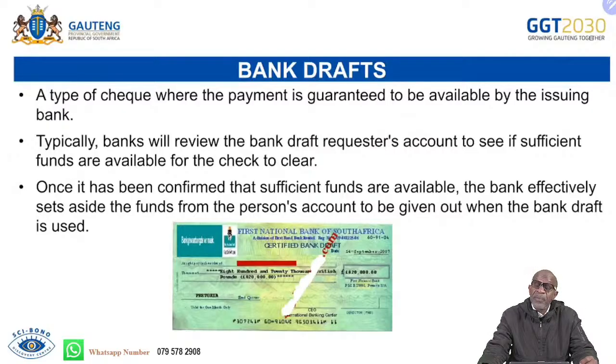Typically, banks will review the bank draft requester's account to see if there is sufficient money available for the check to clear. So they will give whoever you want to pay a guarantee.